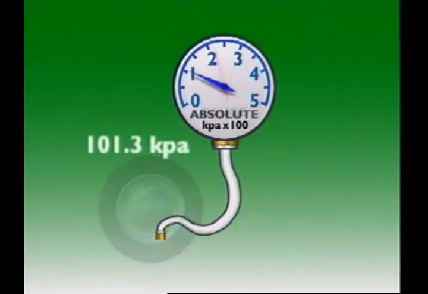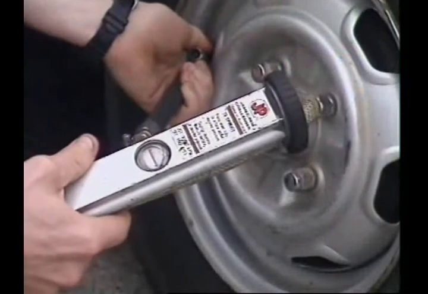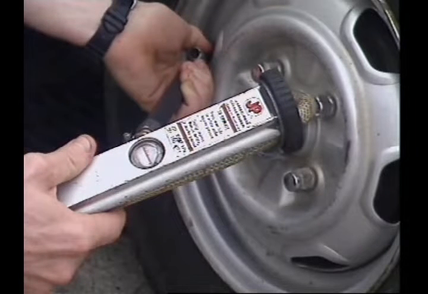If absolute pressure was needed, an absolute pressure gauge would be needed, and it would read 101.3 kilopascals when not in use. Absolute pressure equals gauge pressure plus atmospheric pressure. Readings on an oil pressure gauge or on a tire gauge should really have 101.3 kilopascals added to them.